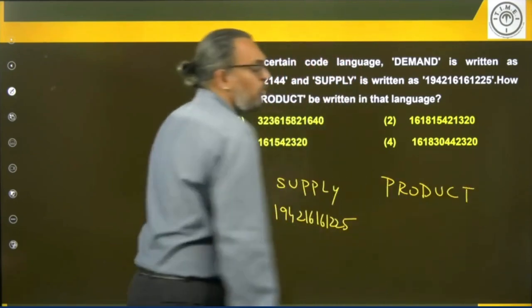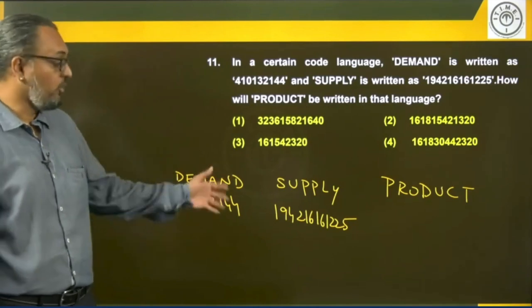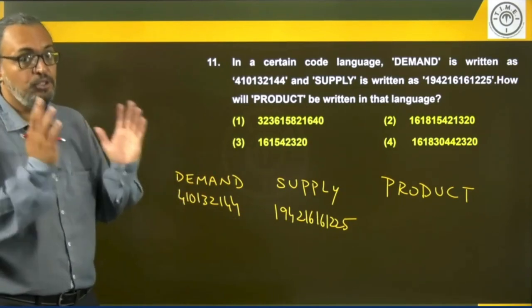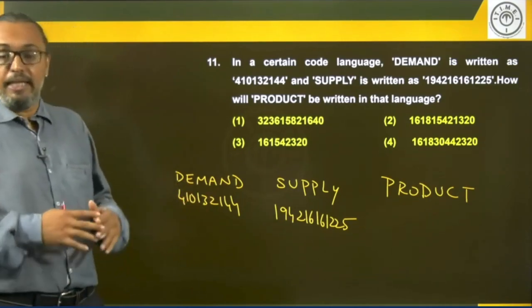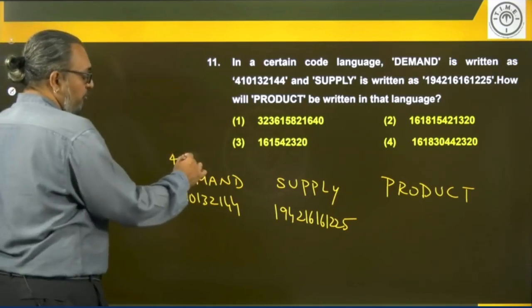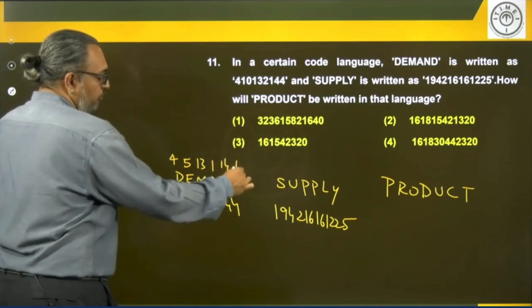Now this also you can do orally if you observe carefully. You don't need to write it. For explanation, I am writing it down, but generally you can do this orally also. When you have such a big number, it is regarding place values only. If you look at the place values, here we have a 4, 5, 13, 1, 14 and 4.